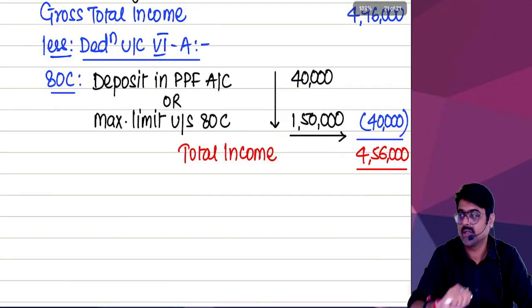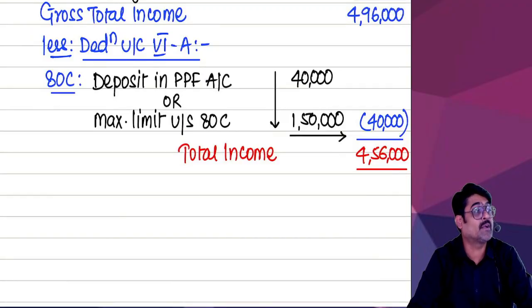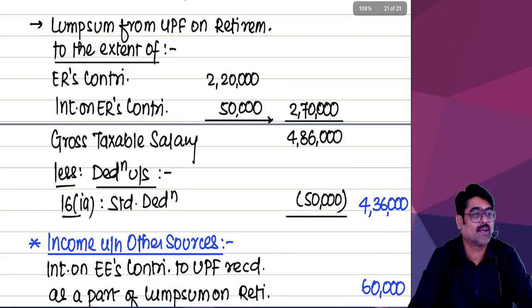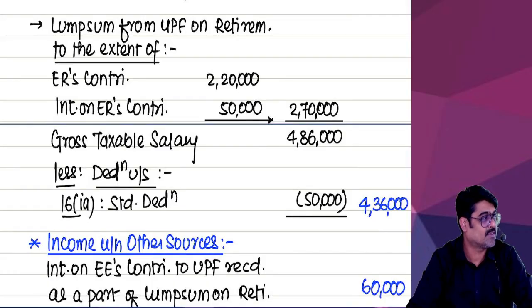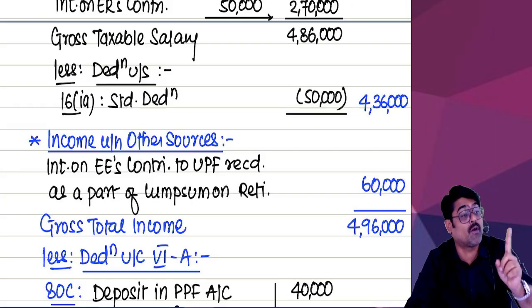This option is the correct option. They will ask how much will be the taxable income under the head salary. 4,36,000. The correct option will be 4,36,000. How much will be the taxable amount of the lump sum of UPF?